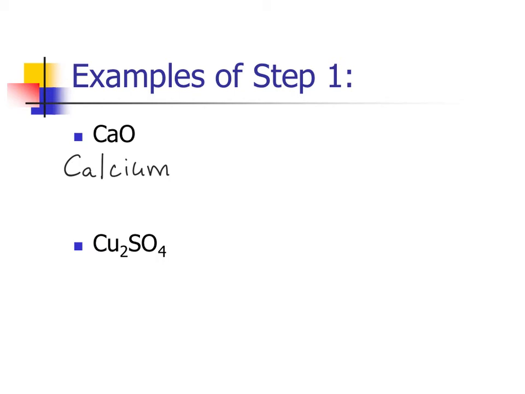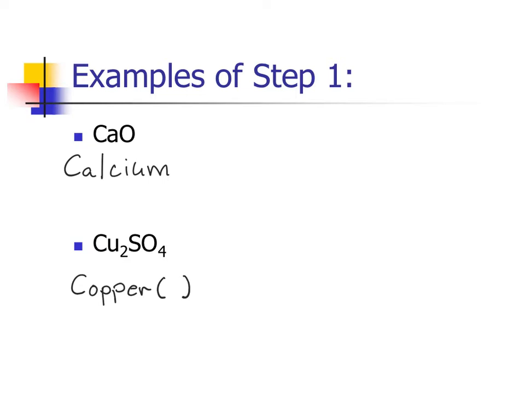Now for the second example here, we have Cu, which is for copper. We then have to identify that copper is a transition metal. Therefore, it is going to need parentheses.